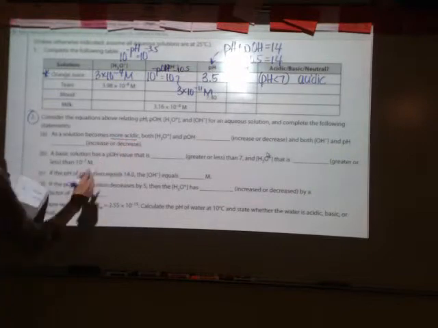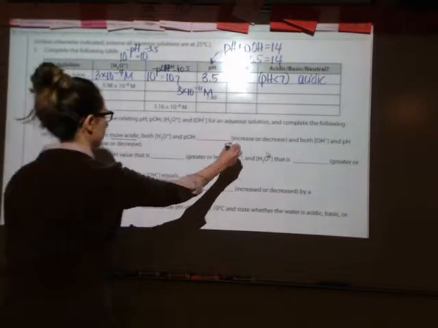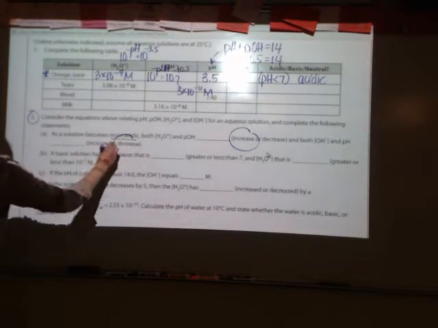It's just such a weird combination. As a solution becomes more acidic, both hydronium ion concentration and pOH increase. And both hydroxide ion concentration and pH decrease.